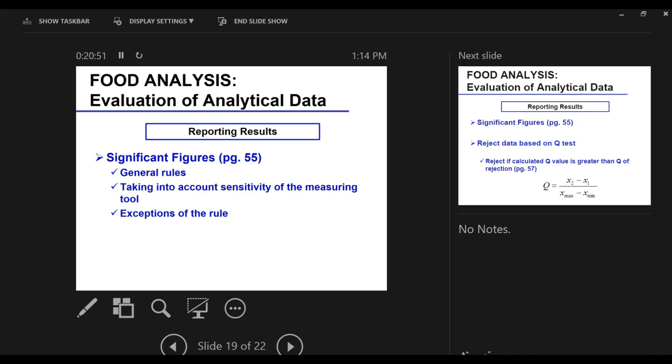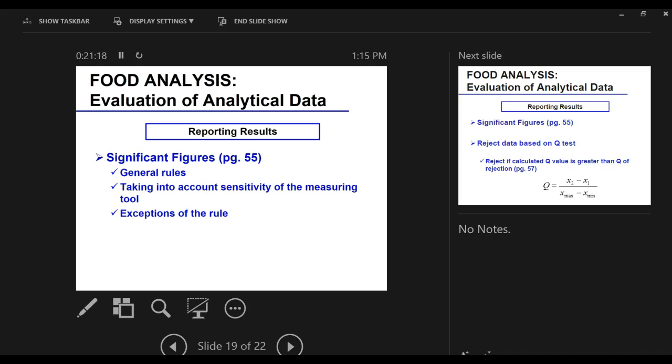Okay, but my volumetric flask has its own accuracy. So the volumetric flask, it's not 50 ml like that. It is 50.0. I can trust to the first decimal. I have certain accuracy for my volumetric flask that I use, so I incorporate that in my equation.